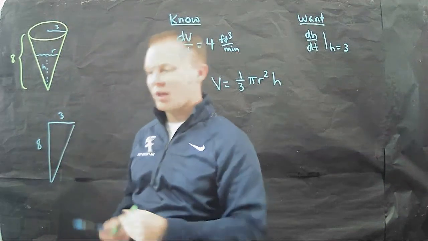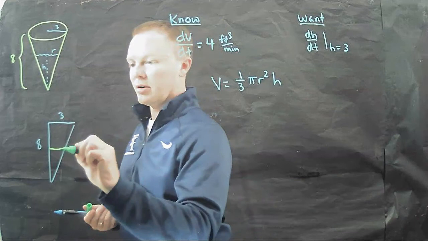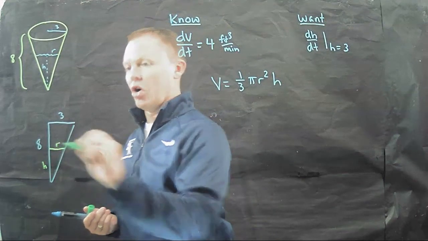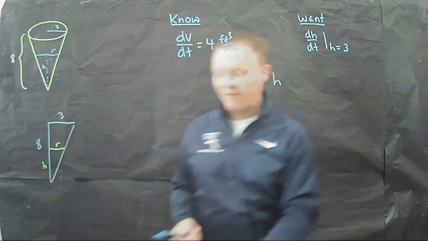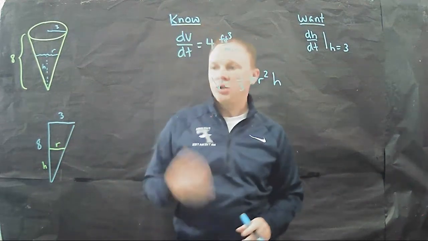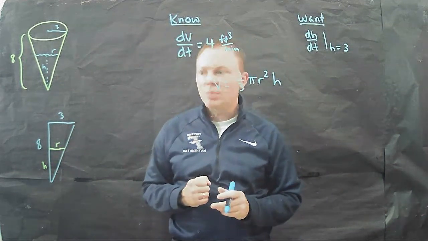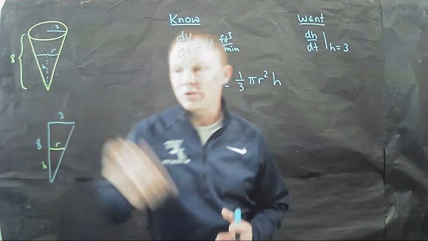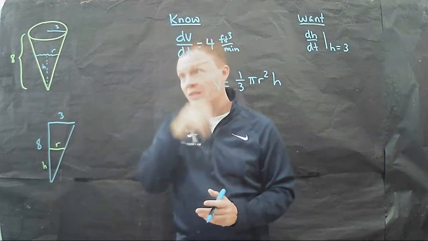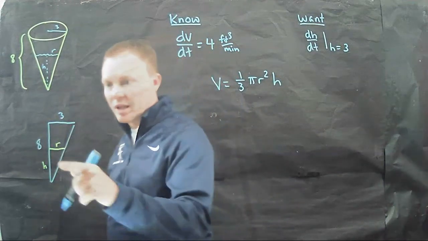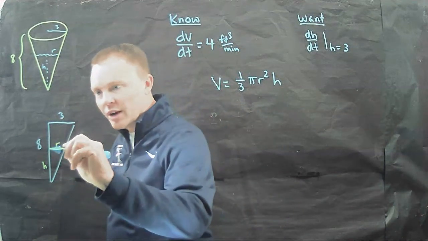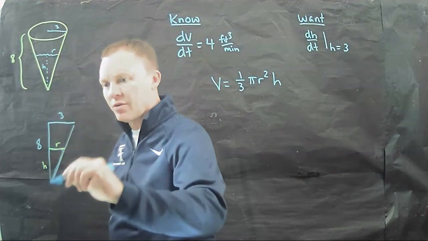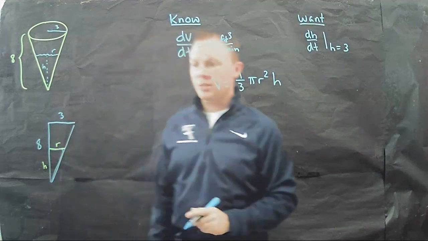Well, the water level is here, right? And so let's call that H and that R. That's just half of it, right? But do you see a relationship between H and R? There are similar triangles here. So it looks to me like this triangle right here and the big triangle are similar.